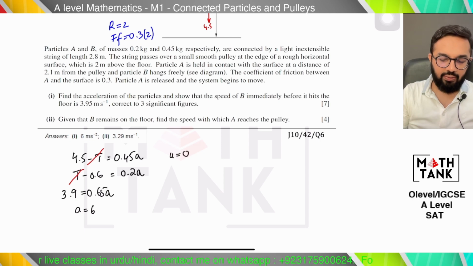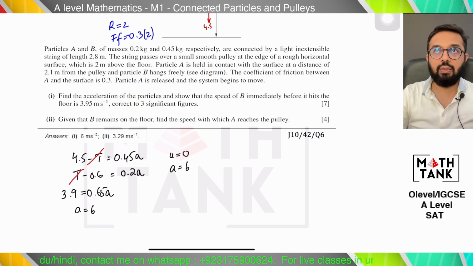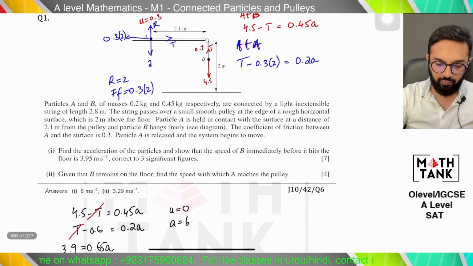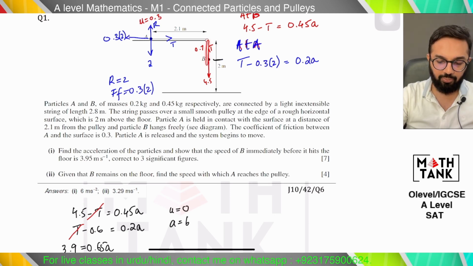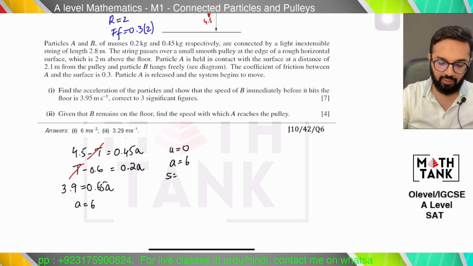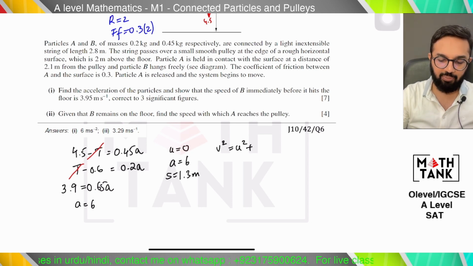Then the starting speed is 0, acceleration is 6. How much does the particle have to move? The particle is at 2, the leftover part of the string was 0.7, so it has to move a distance of 1.3. So I'm going to say that it has to travel 1.3 meters. So v squared equals u squared plus 2as.